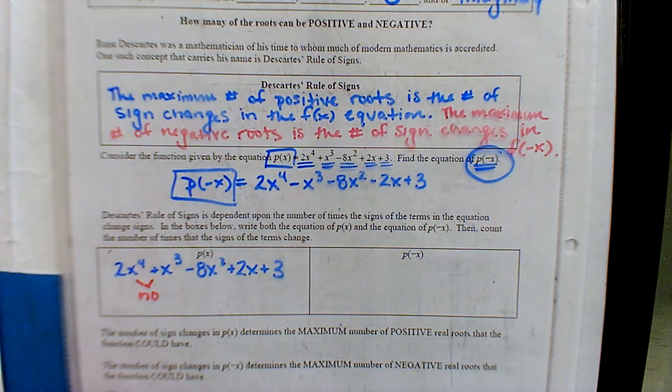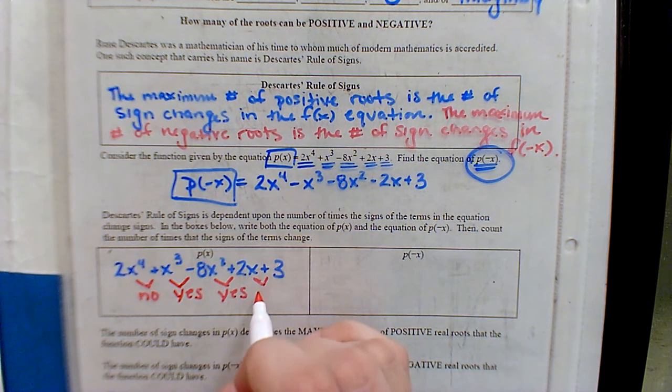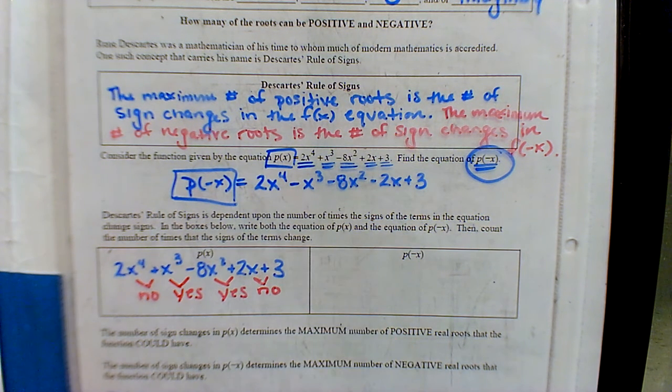Is that a sign change? Yes, you go from a plus to a minus. What about between the next two terms? I think that's another yes. We go from a minus to a plus. And between the next two terms, both are being added, so that's not a sign change. Okay, so based off the original equation, we identified 2 sign changes.